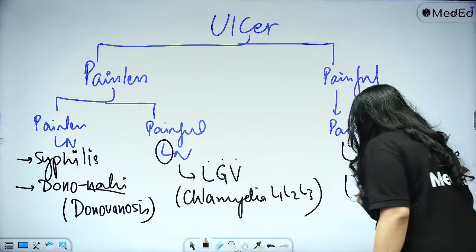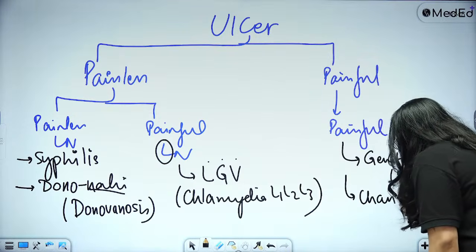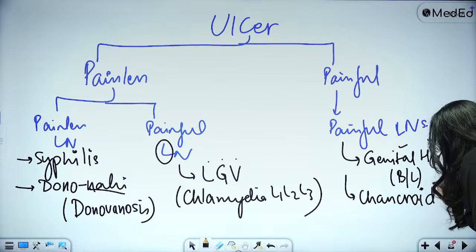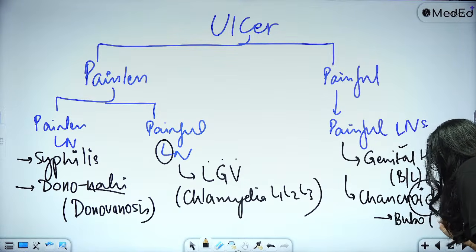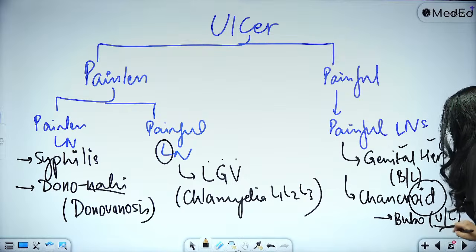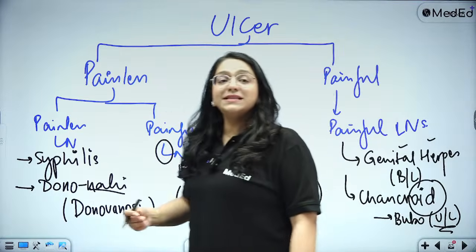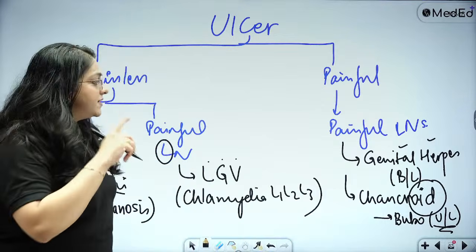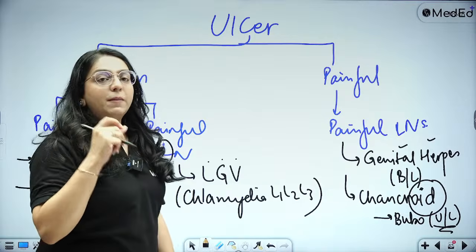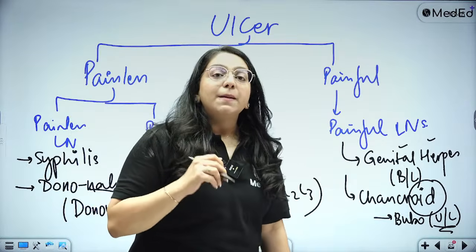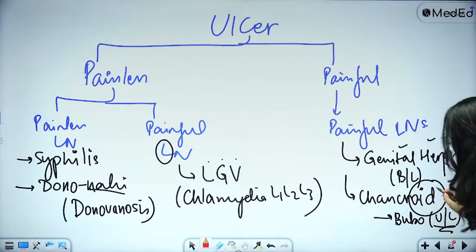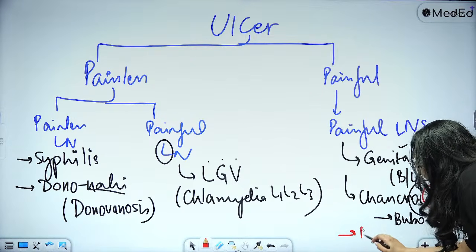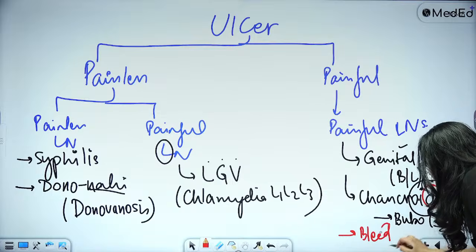Then chancroid: oid, O means bubo, a painful lymph node, but which is unilateral. The ulcer is also unilateral. Oid means one, O. Single ulcer, single lymph node, but both painful. Bleeds on touch.